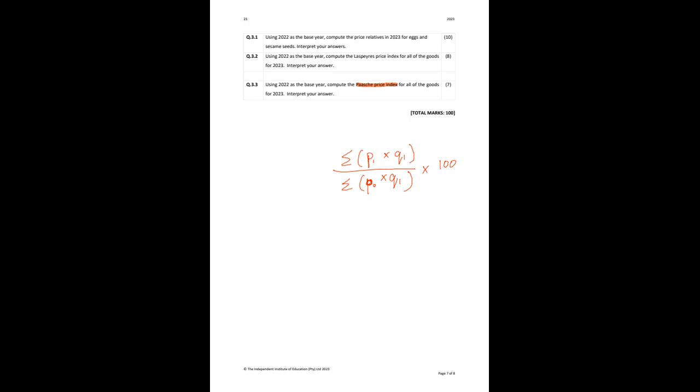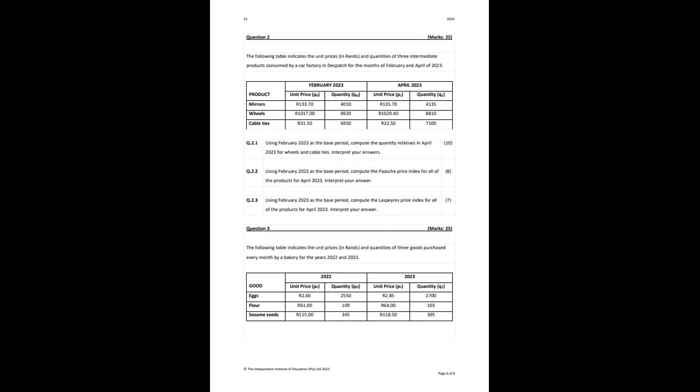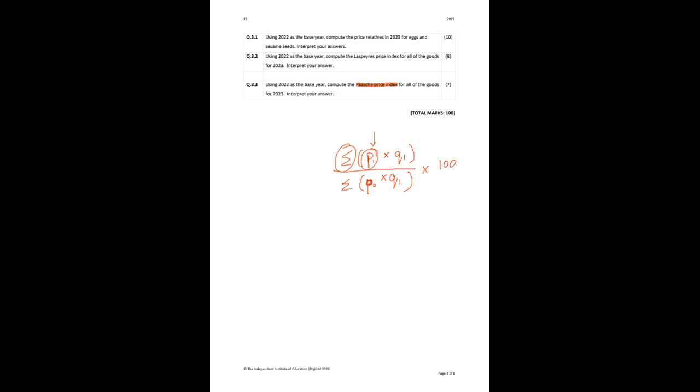Another mistake that people tend to make is where it says the sum of, they assume that you'll sum up all the P1. So mistakenly, they would look at P1 and sum these up, saying 2.85 plus 64 plus 118.5, and then multiply by the sum of Q1.